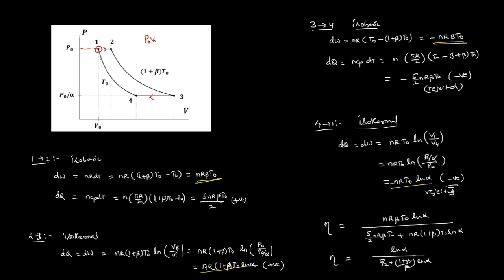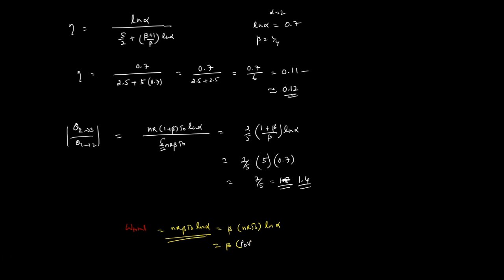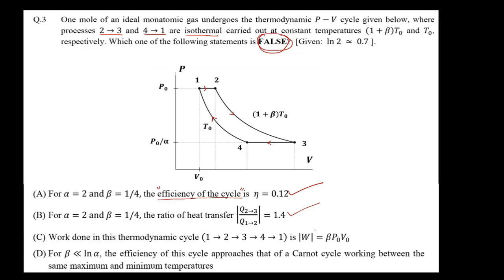So I can write P naught V naught is equal to nR T naught. So in the place of nR T naught, I can write P naught V naught into ln alpha. So the total work done we got is beta P naught V naught ln alpha. The ln alpha term is also there, but here the ln alpha term is not there, so that's why this option is wrong.